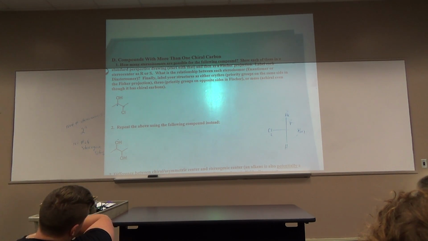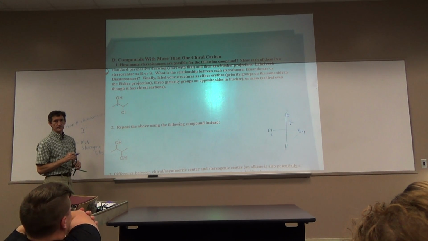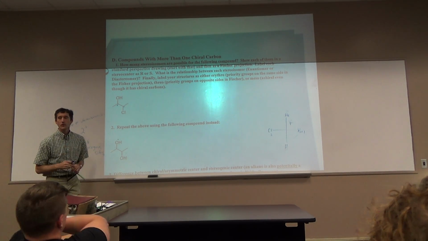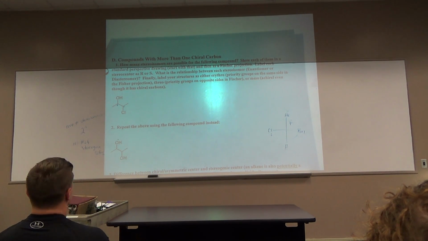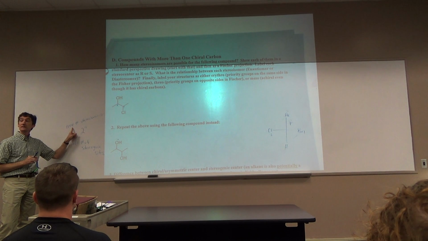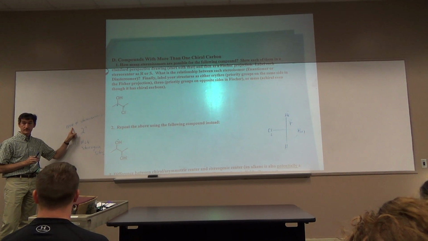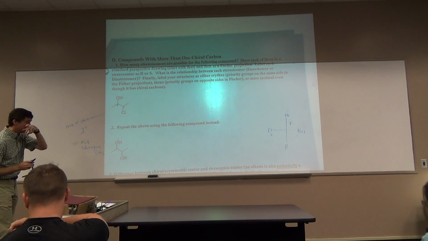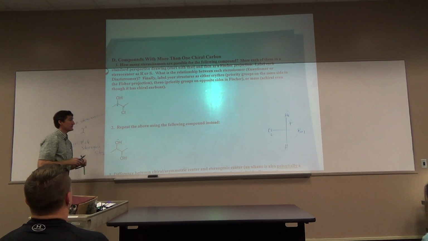How many stereogenic sites in the compound? Two. 2 to the n equals 4. How many stereoisomers are possible? Four. Max. It sometimes could be less. We'll have to identify when it's less. Here the answer is 4.